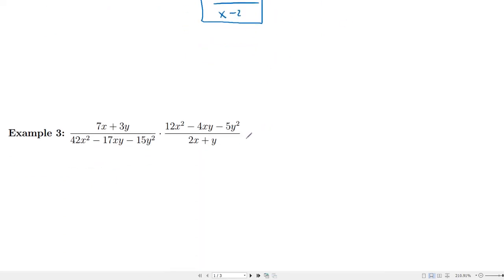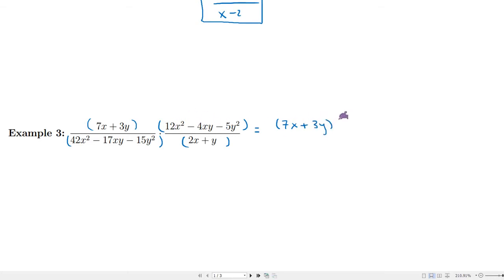Okay, moving on to our next example. So we have a product. So we are going to multiply numerators and denominators, right, separately. So multiply these numerators. Let's factor. So this one, we can't factor anything else out, so that's going to stay the same.